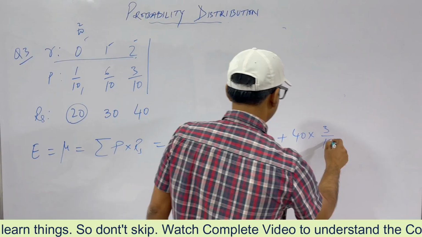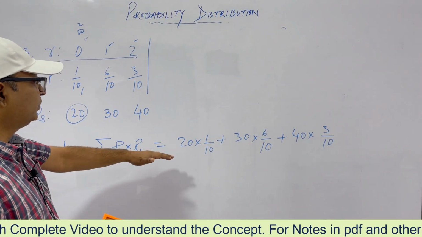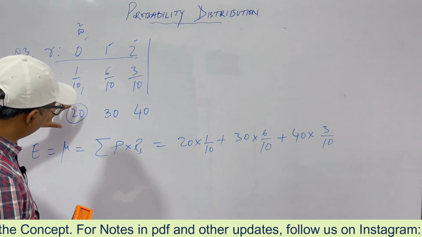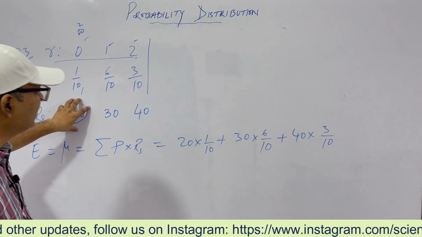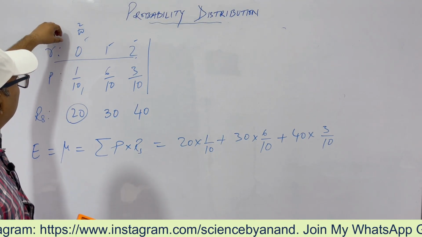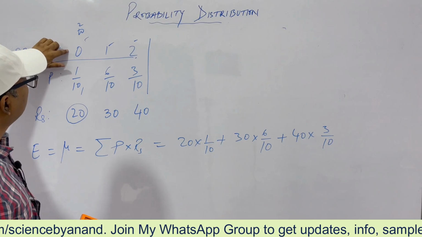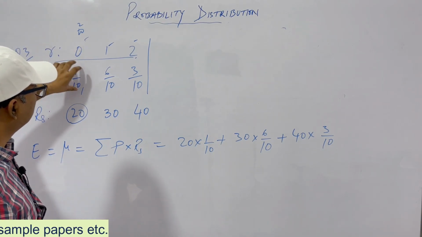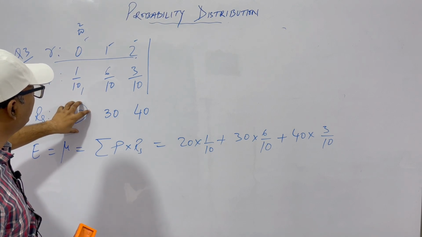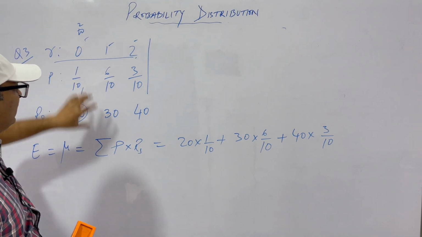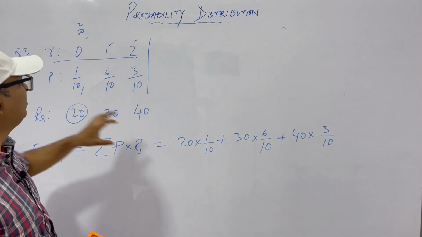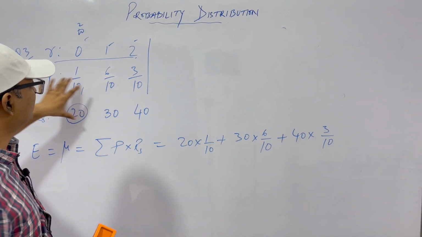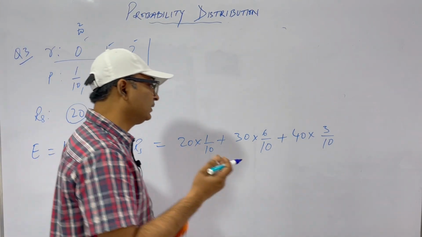The probability of getting rupees 20 is 1 by 10, which is equal to the probability of getting 0 red balls. So we are getting the mean of this distribution, from where we have the expectation.